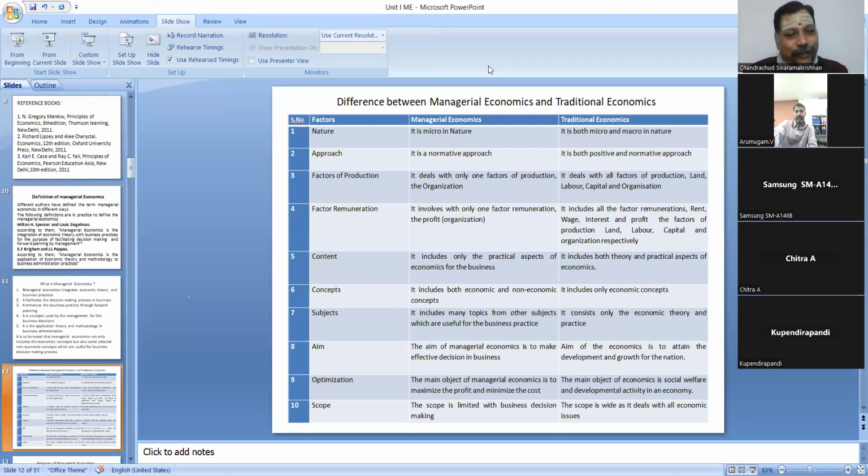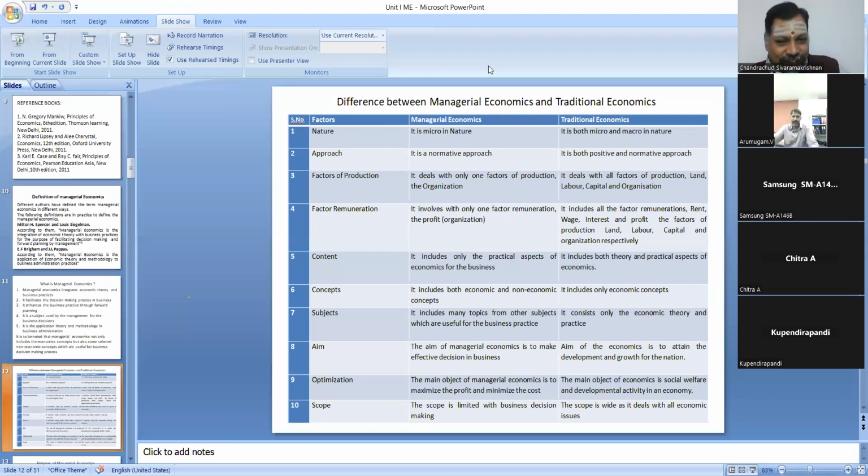Then the content: managerial economics includes both theory and practical concepts of economics, but here we are not bothering about theory. We are always with the practical aspects. What are the current trends, and how can economics be applied? So it is not a theory; it's a practical subject.